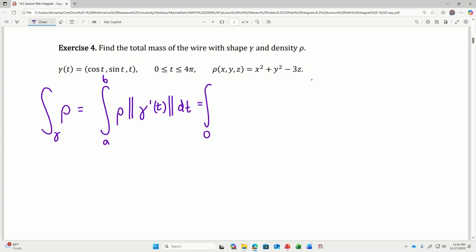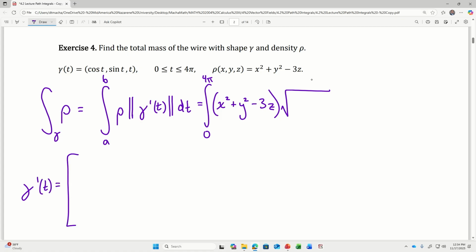So this would be an integral from 0 to 4 pi of x squared plus y squared minus 3z times the square root of, not gamma, but the derivative of gamma. Maybe I should just go ahead and write this out.